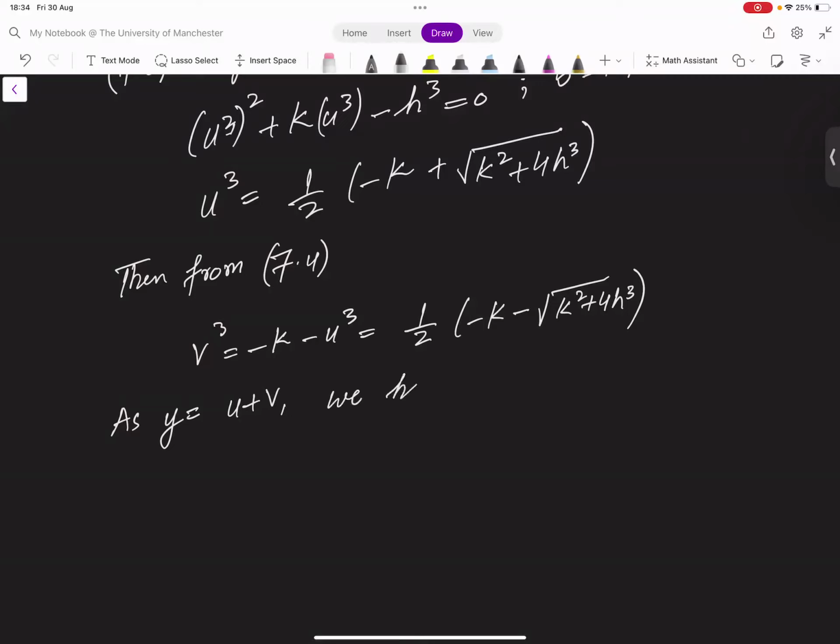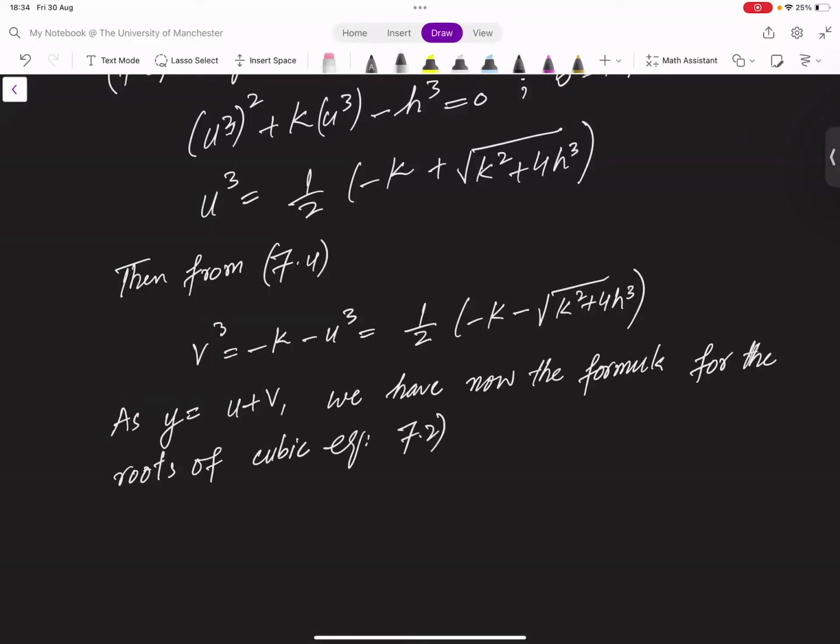We have now the formula for the roots of cubic equation 7.2.